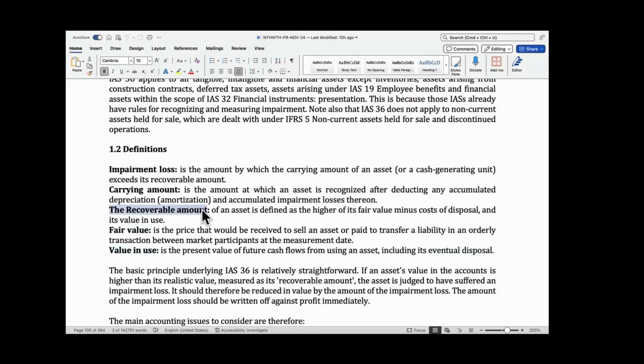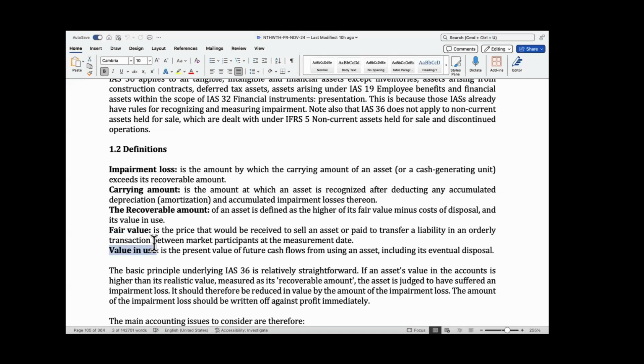Then from this definition, that goes to show that recoverable amount, from the name, is how much you can recover from an asset, either from selling the asset, which is fair value, or from using the asset, which is value in use. So you can define recoverable amount like that as well.